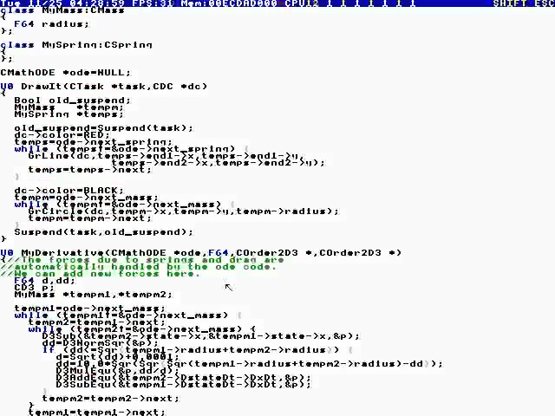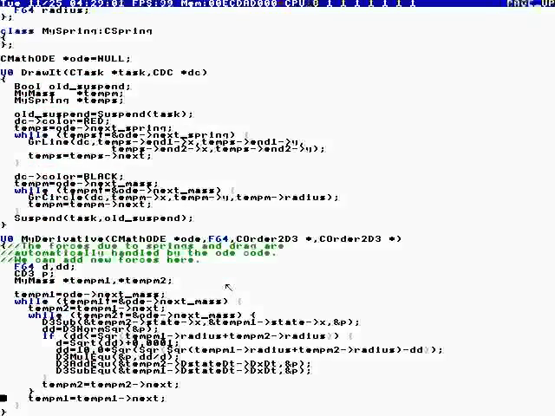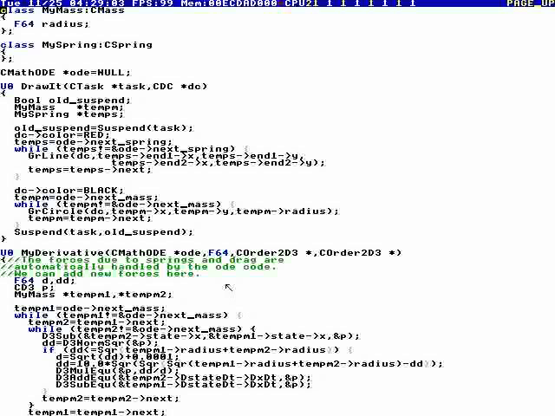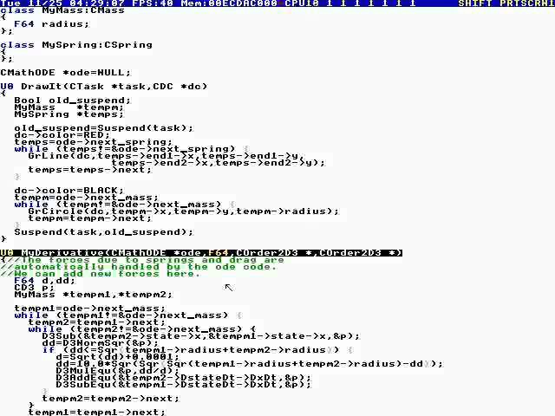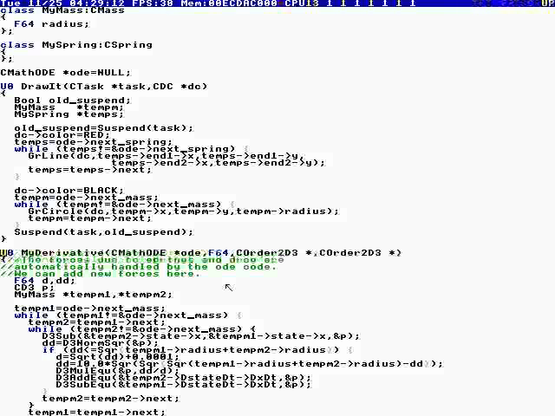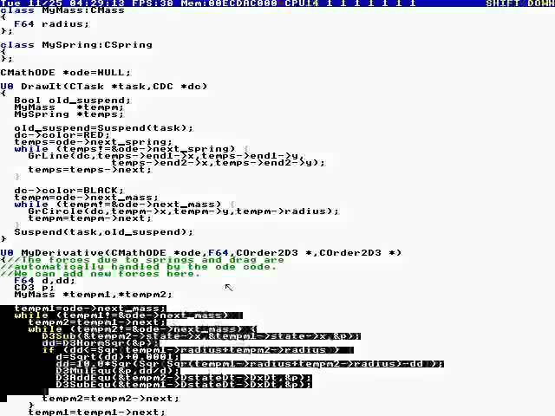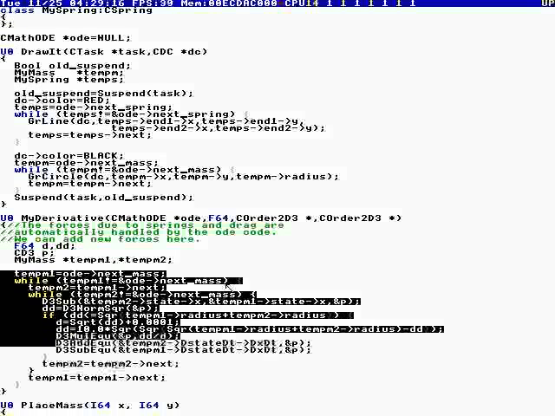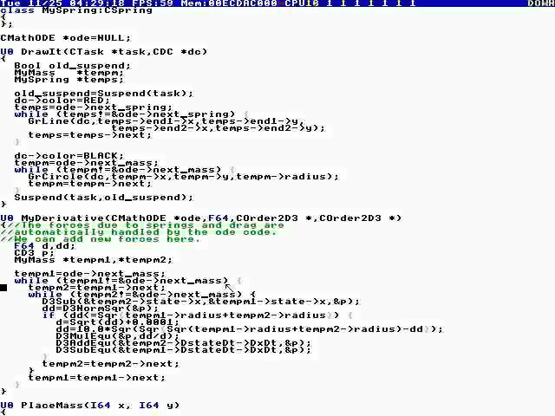The way you use the differential equation solver is you make a derivative function, and it already handles the springs. What the derivative function tells it is, okay, the derivative of position is velocity. The derivative of velocity is acceleration.